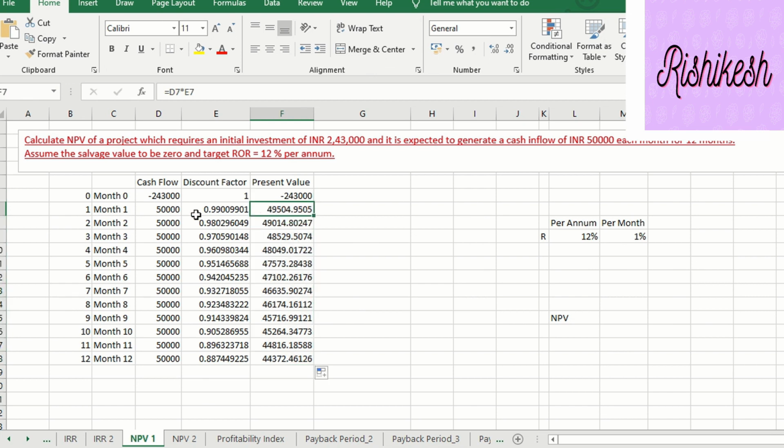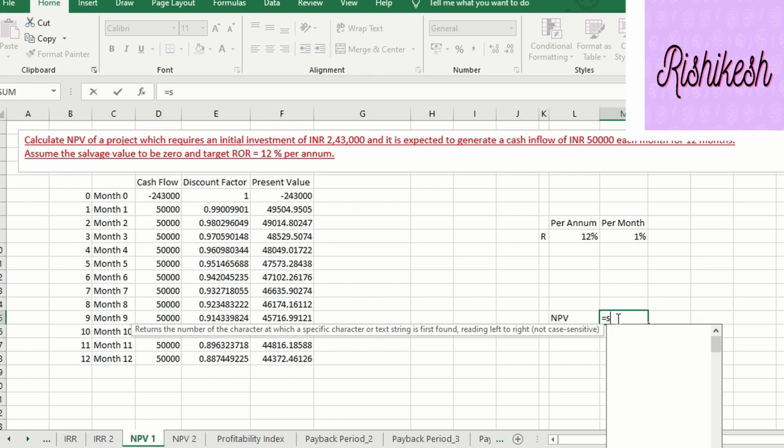Once you double click here, if you see here, it has calculated the multiplication of 50,000 with 0.990, and similarly it has happened in this case as well. So we got the present value of all the cash flows. In the initial month it was a cash outflow. In all the other months it was a cash inflow. That is why they have been denoted as positive.